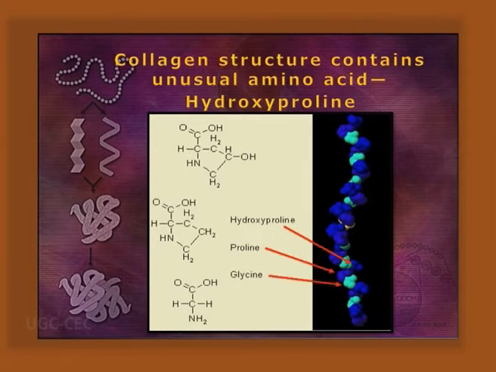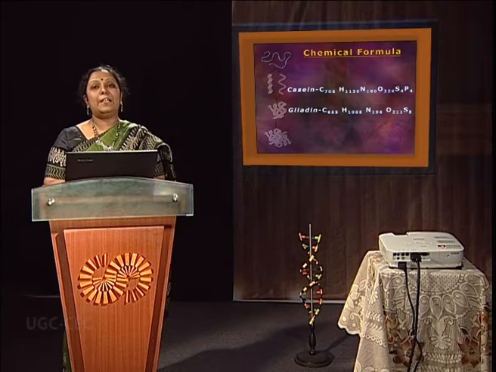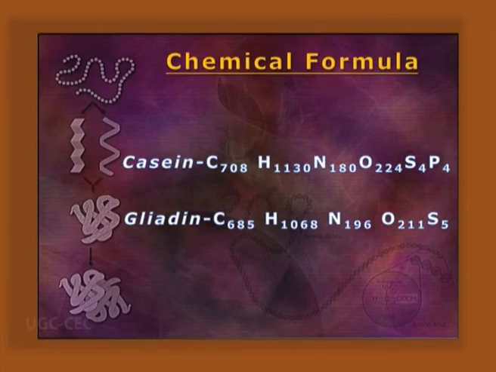Composition. Usually the proteins are made by 20 well-known standard amino acids, but in case of collagen we can find hydroxyproline, hydroxylysine, but there are some non-protein amino acids like ornithine, citrulline, etc. Chemical formula. You can find the chemical formula of casein and gliadin here containing carbon, hydrogen, nitrogen, oxygen, sulfur and phosphorus.